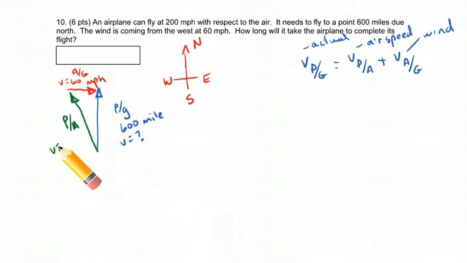We know its velocity is 200, but we don't know its angle. But we know it's in that direction. So we need to head sort of northwest and allow the wind to blow us back to the east because the wind's coming from the west, and this is our effective displacement and velocity.